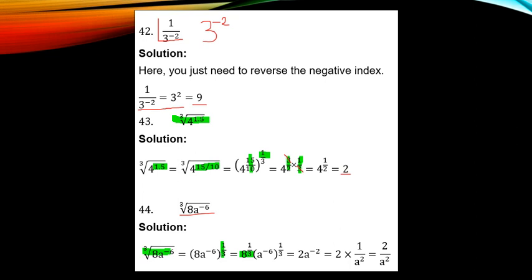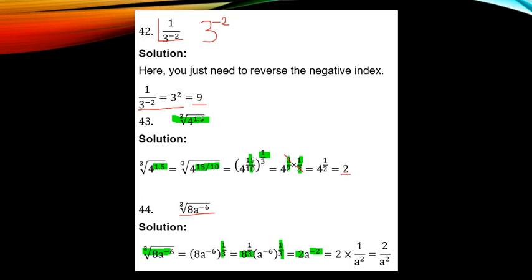Then a to the power of minus 6 times the power in this form. 1 over 3 means cube root. Cube root of 8 is 2. Then a power minus 6 times 1 over 3, that is power of minus 2.